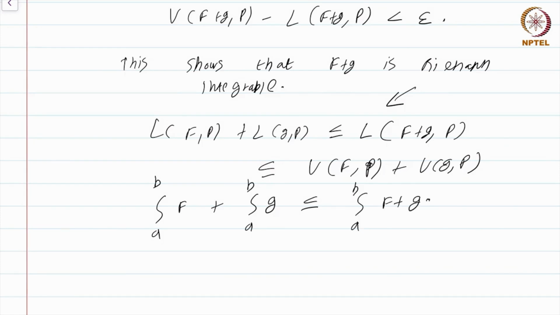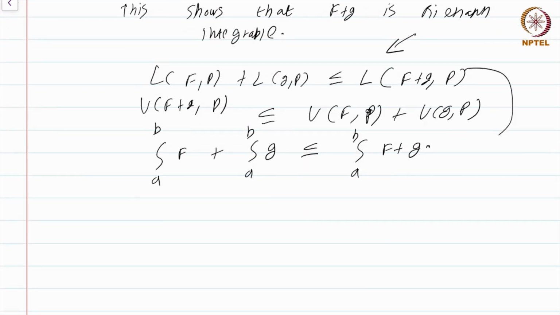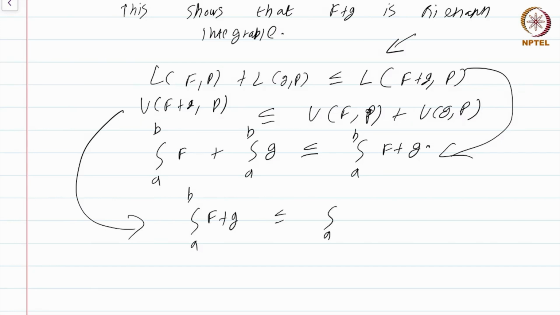Wait a second, I should write the other inequality also, that is U(f+g,P) is less than or equal to U(f,P) plus U(g,P). From this second inequality, taking infimum on both sides, you will get integral a to b f plus g is less than or equal to integral a to b f plus integral a to b g.